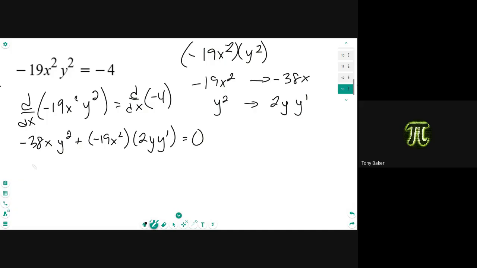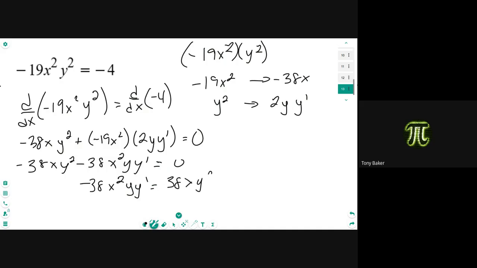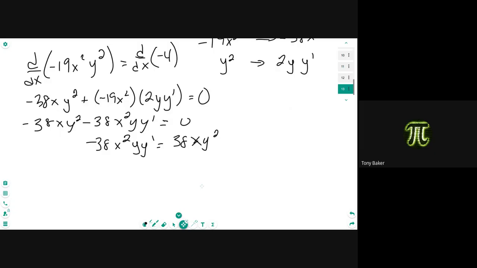So now we can clean up this side a little bit. And I got to get my y prime by itself. So we'll move one side over. And now divide both sides.